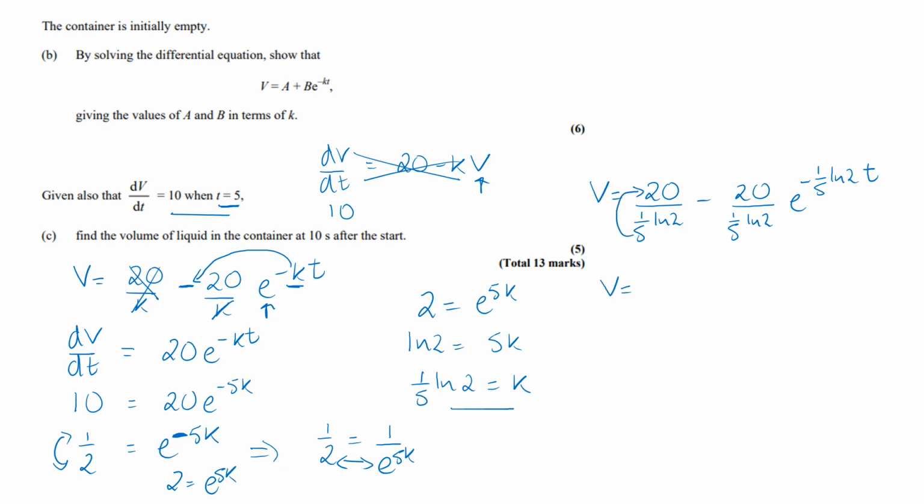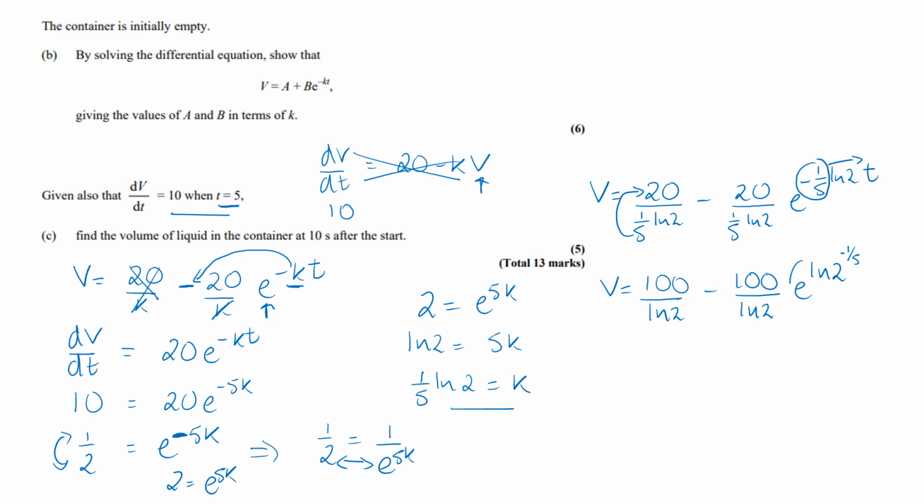So V is equal to 100 over the ln of 2 minus, same again on the other one, 100 over the ln of 2. Now we're going to use our log laws and say that e to the minus 1/5 is e to the ln of 2 to the minus 1/5, and then it's all of that times by t.